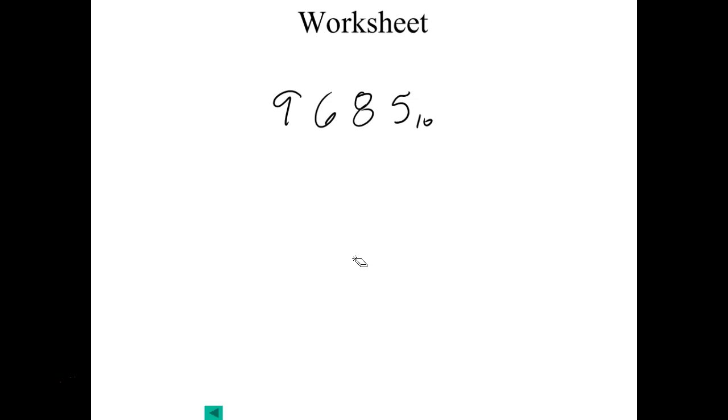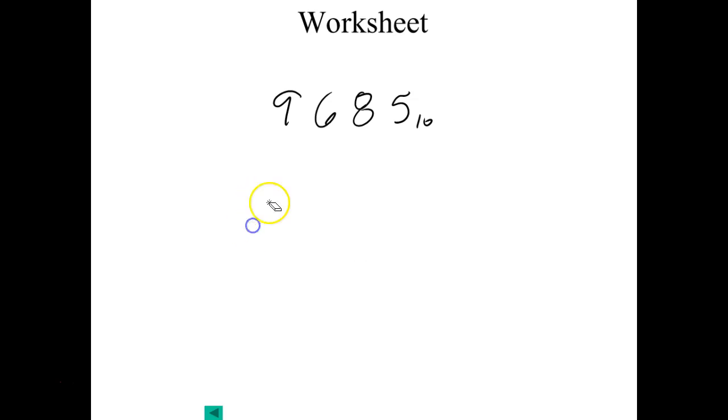Base 10, what does that mean? I'll explain this again. This number right here would be legal in two number systems: decimal and hexadecimal. The problem is I need to let you know what base I'm writing, so I'm putting these little subscripts out there.